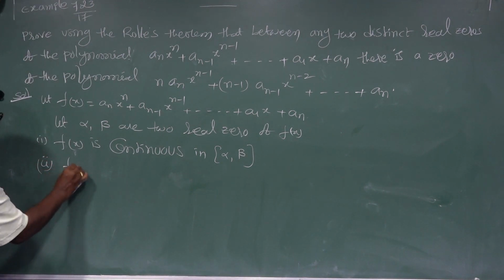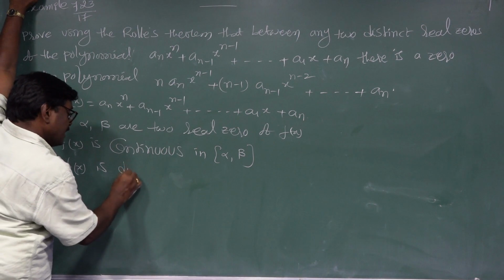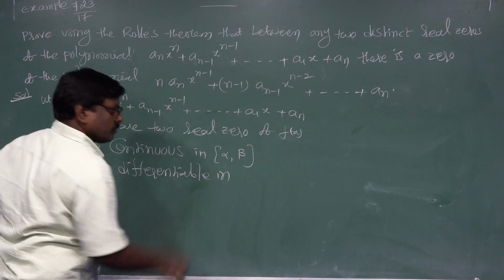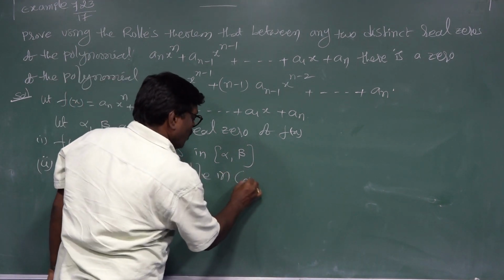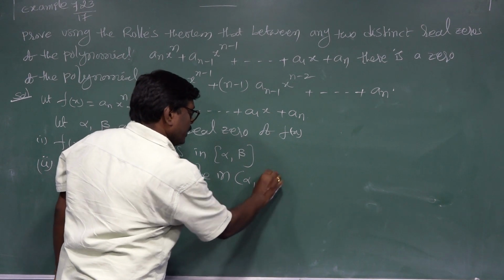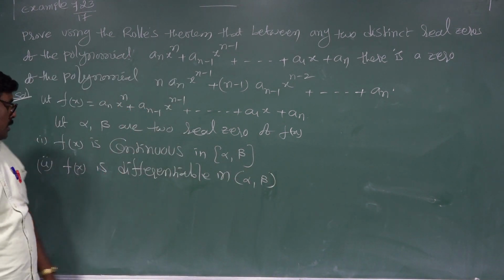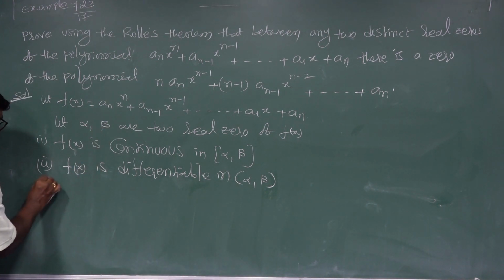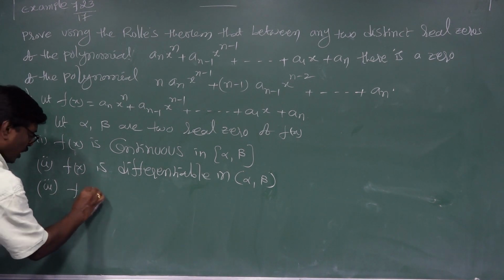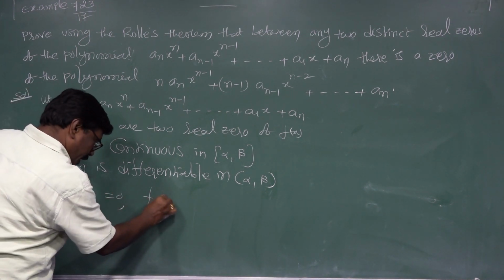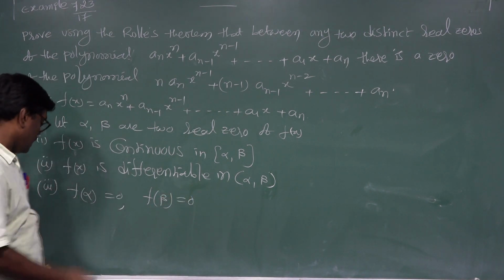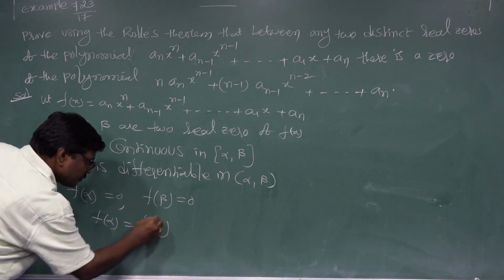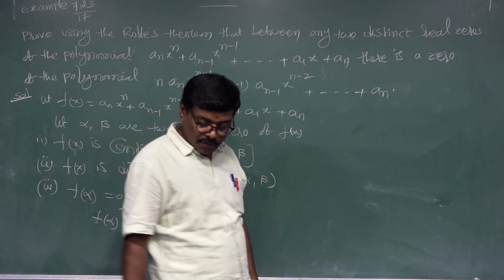Number 2, f(x) is differentiable in the open interval (alpha, beta). The third condition: let f(alpha) = 0 and f(beta) = 0, so f(alpha) = f(beta).